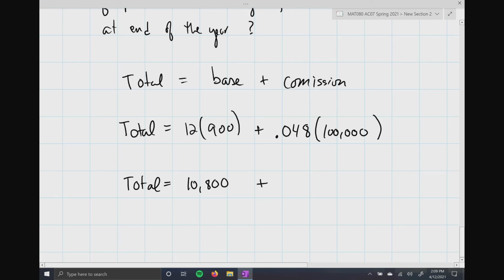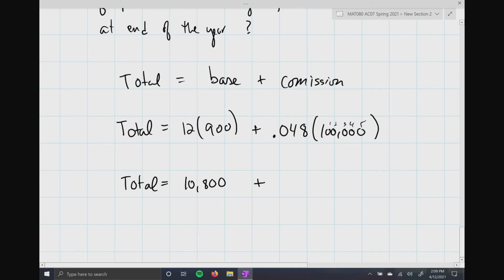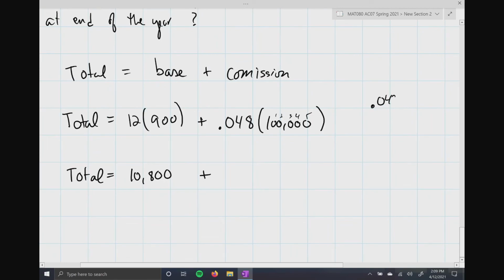All right. Now, Alex, I love the way that you explain the commission part. Since we're multiplying by a factor of 10, we count the number of zeros, 1, 2, 3, 4, 5, and we take 0.048, and we're going to move the decimal 5 places to the right. So 1, 2, 3, 4, 5. So that's going to be 4,800.